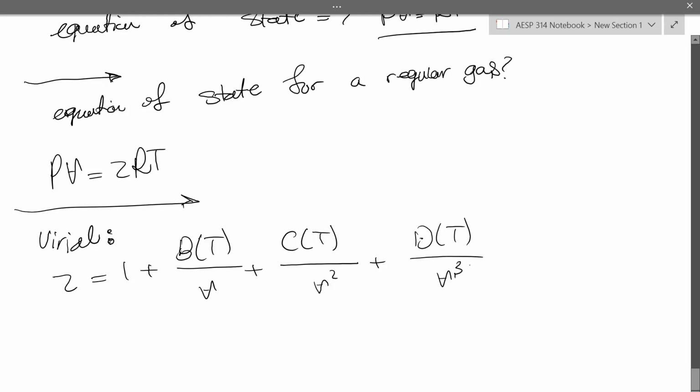Doesn't really matter, and so on and so forth. So we have removed pressure from this equation, right, by using this.